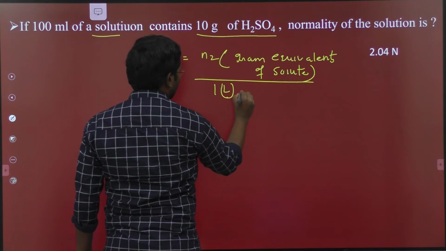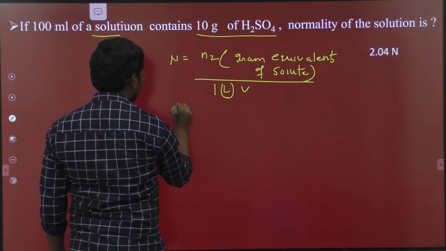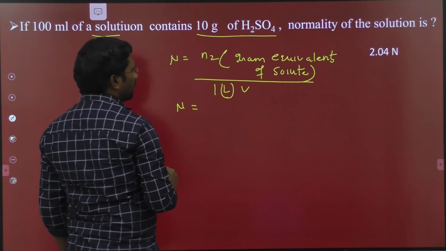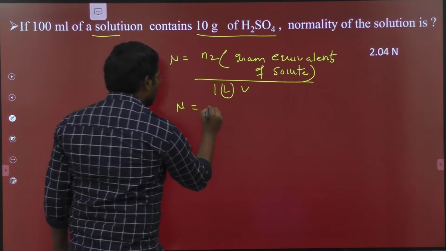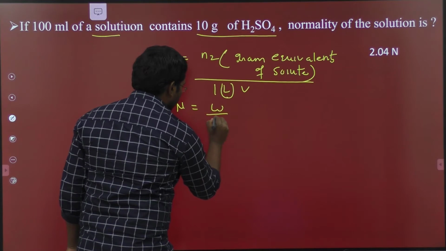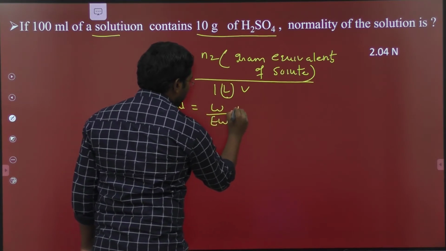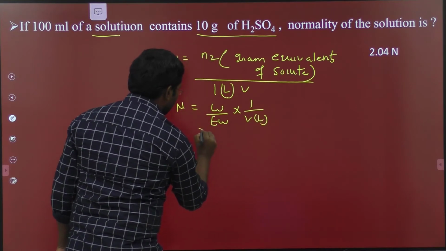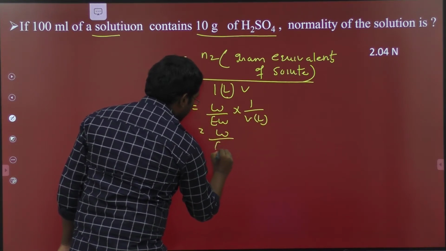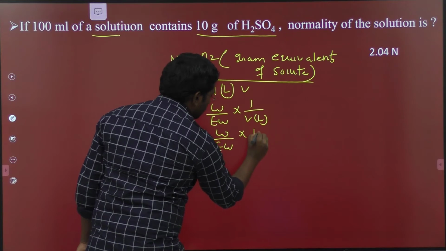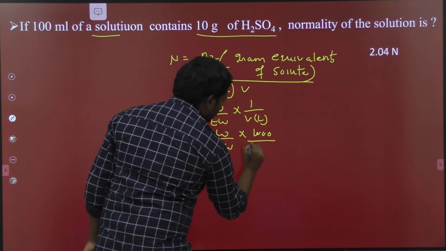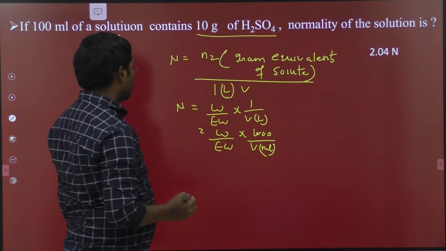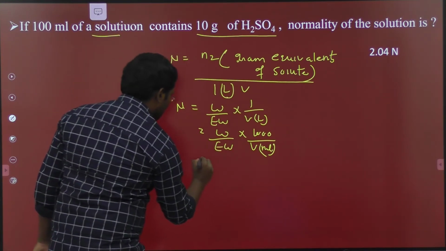Here, in case of normality, we have to write the number of gram equivalents of solute. Therefore, normality can be written as the number of gram equivalents of solute, meaning weight by equivalent weight, into 1 by volume in liters. In milliliters it gives weight by equivalent weight into 1000 by volume in milliliters.